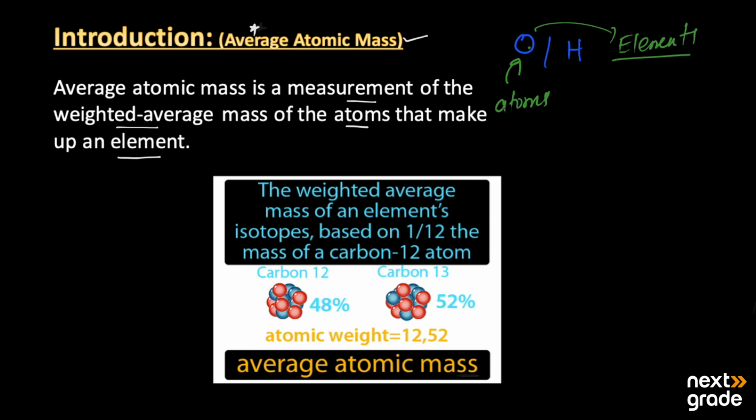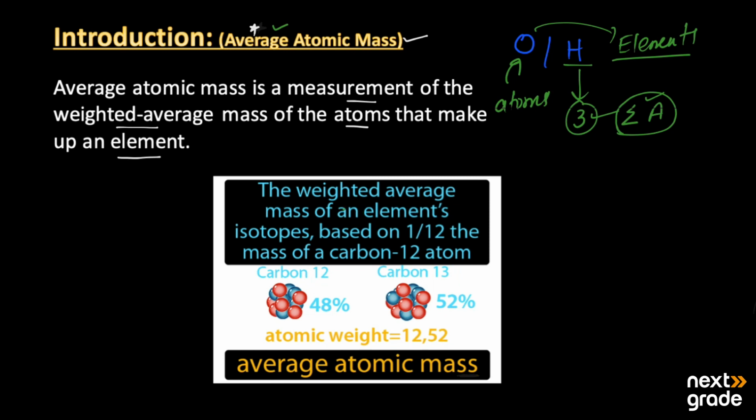Likewise, if we have the isotopes of oxygen and the isotopes of hydrogen, as isotopes of hydrogen are three, how can we measure the average atomic mass? We have to take the summation of the atomic masses of all the atoms, and at the end, we will have the average for this. This is known as the average atomic mass.